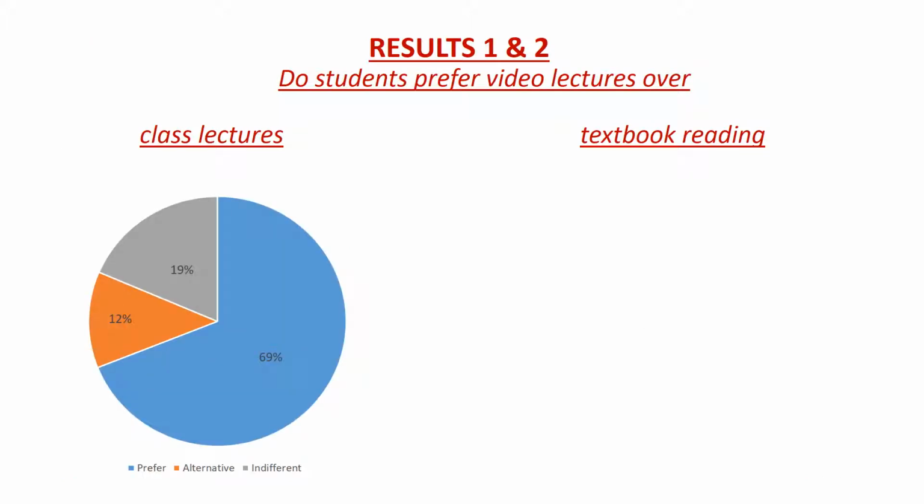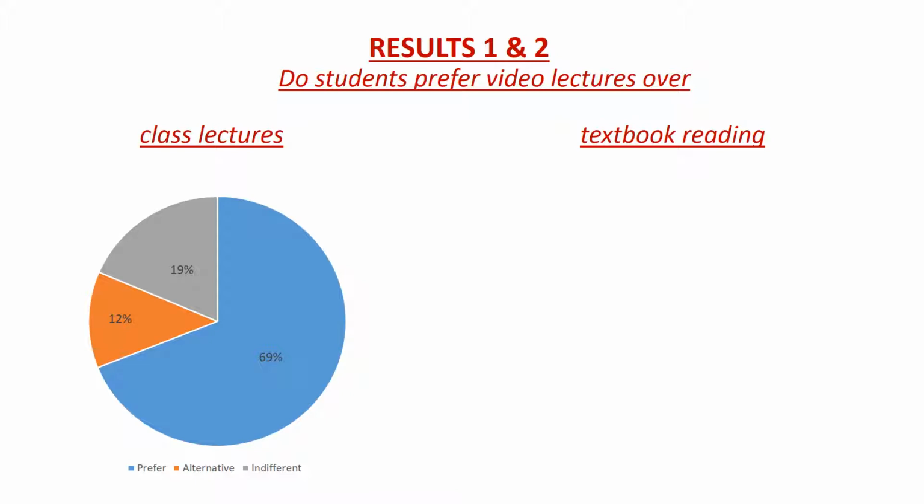Here are the results of my survey. The first question I asked is, do students prefer video lectures over classroom lectures? And I've represented my results in terms of a pie chart. The blue color represents the preference, that is, the students prefer video lectures over classroom lectures. The orange color represents the alternative, and that is, students prefer class lectures over video lectures.